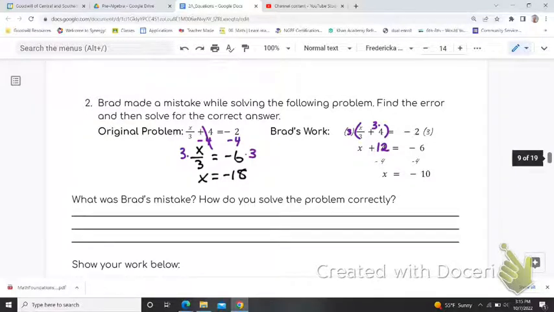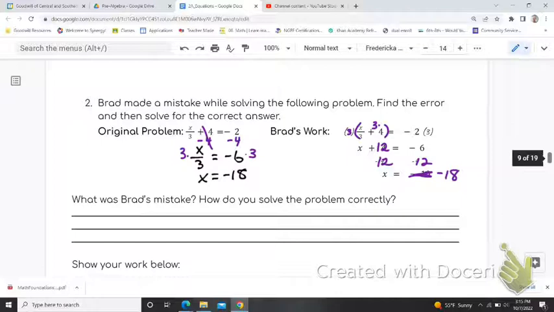And then if I subtract 12 on both sides, guess what? Negative 6 minus 12 would give me negative 18. So it's not that you cannot multiply first, but if you multiply first and that constant, the number being added, is not part of the fraction, it must also be multiplied.